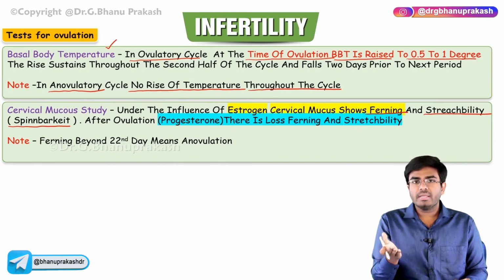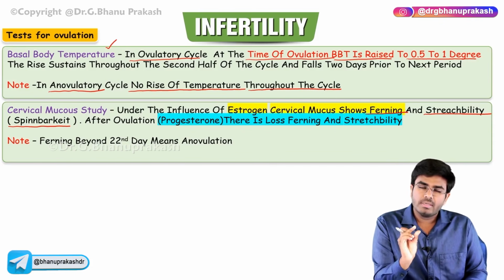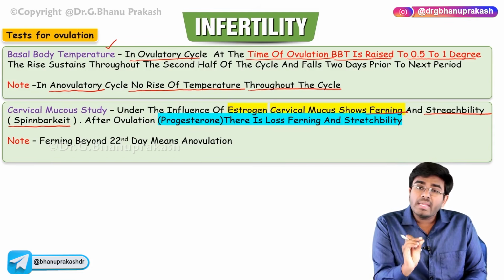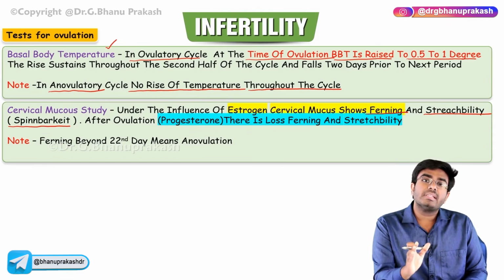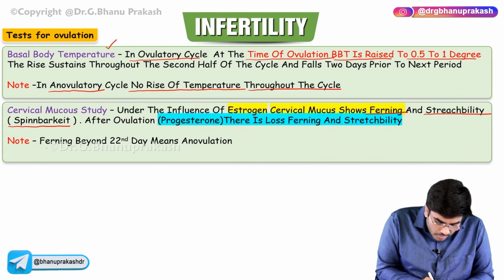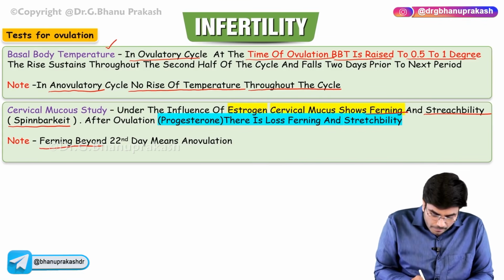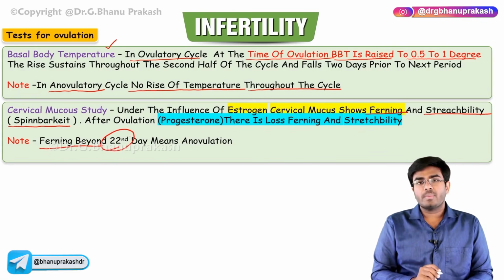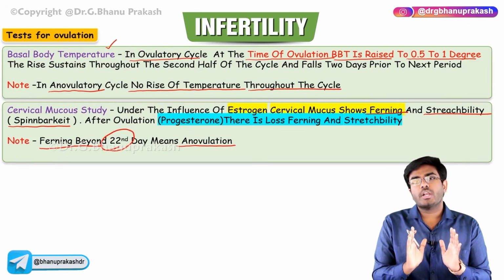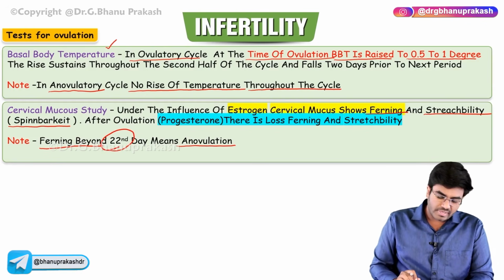If ovulation has happened, the cervical mucus will become thick. If ovulation has not happened, this ferning and stretchability will be seen in the second half of the menstrual cycle also. So ferning and stretchability beyond 22nd day of the menstrual cycle means anovulatory cycles, ovulation has not happened. Okay, that's a very important point.